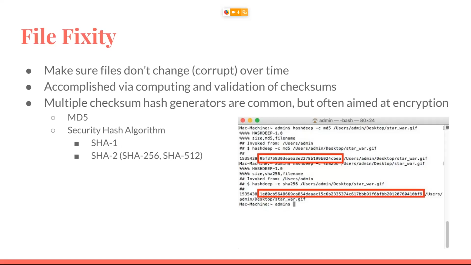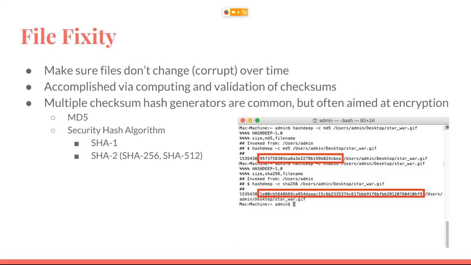I've shown a picture here of a terminal, and if you're not used to the command line, that can be very scary, but I will emphasize that there are a lot of pieces of software, graphic programs that will do this for you as well. So there are much more, say, user-friendly ways of accomplishing this task of tracking file fixity.